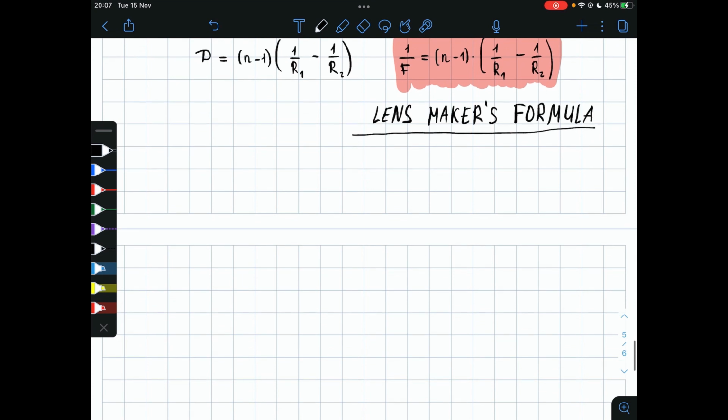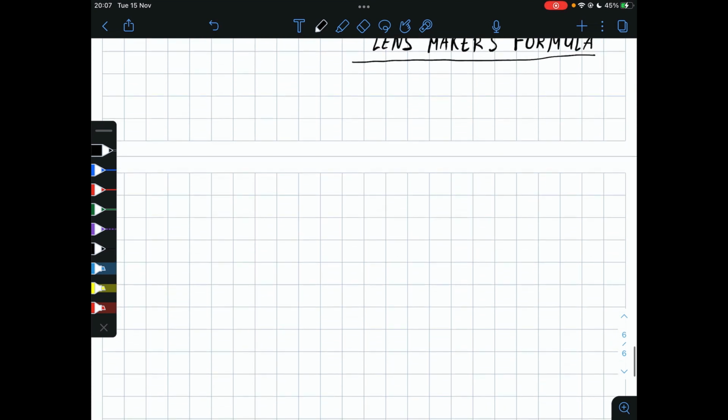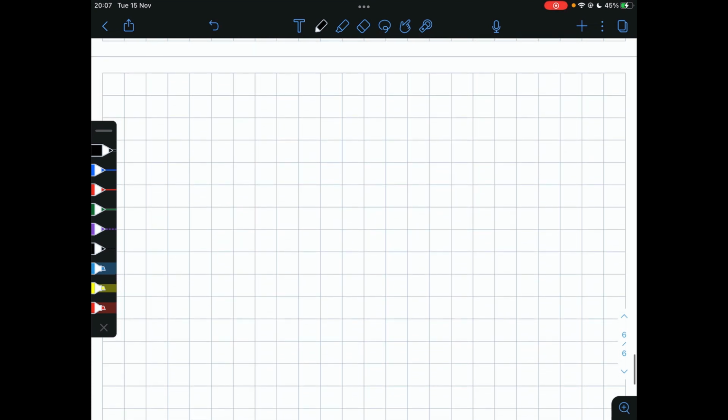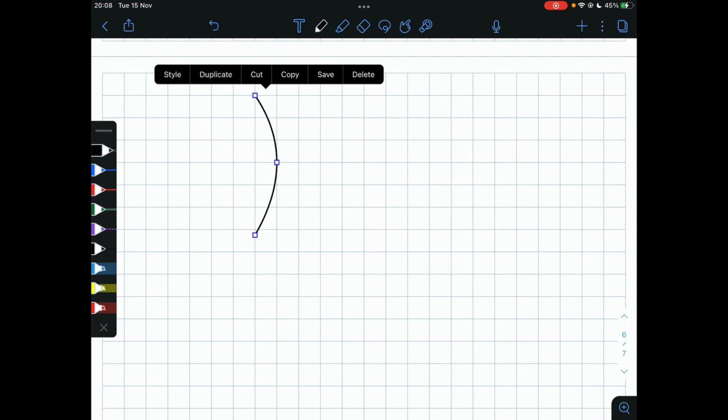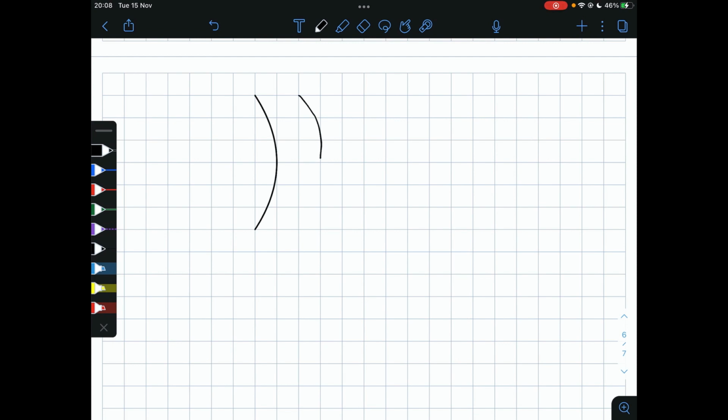So now let's say we have some lens, and it has this shape, for example. Here is its center, and we have another second curvature. Sorry for that, it will be like this.